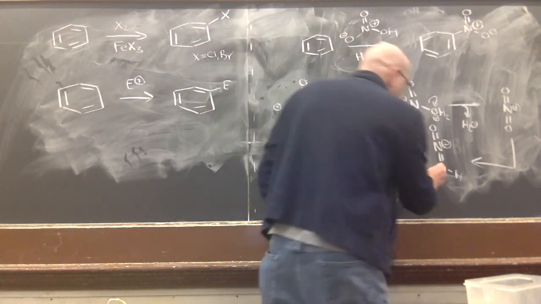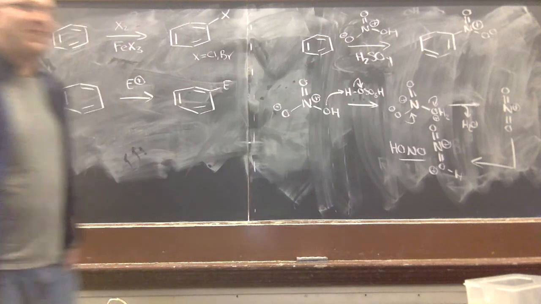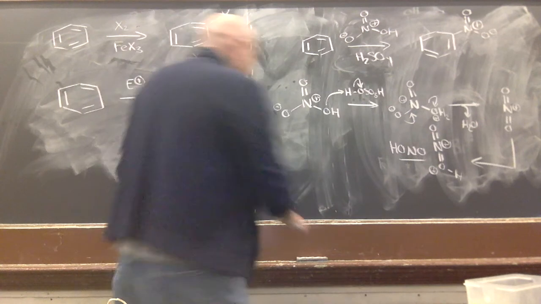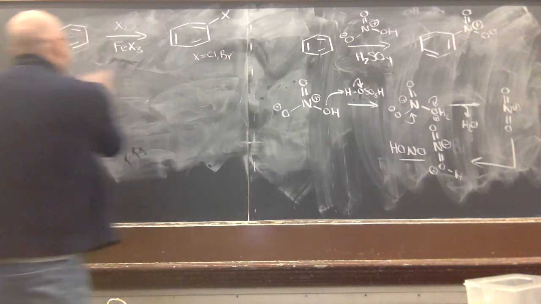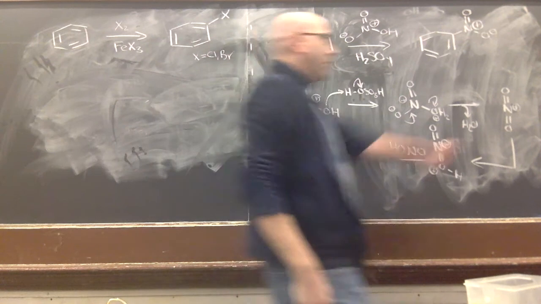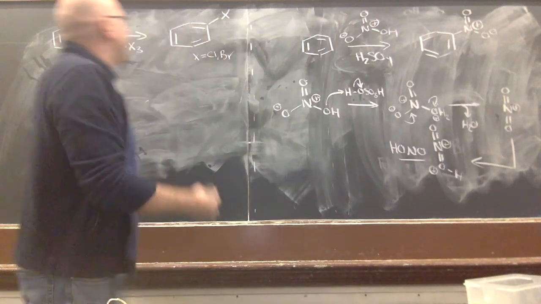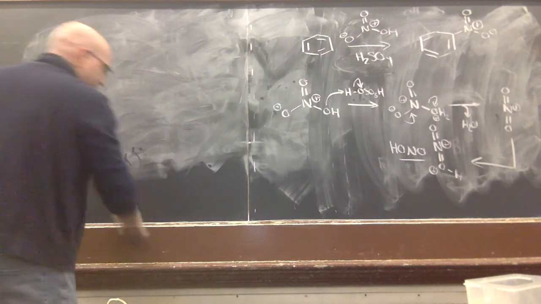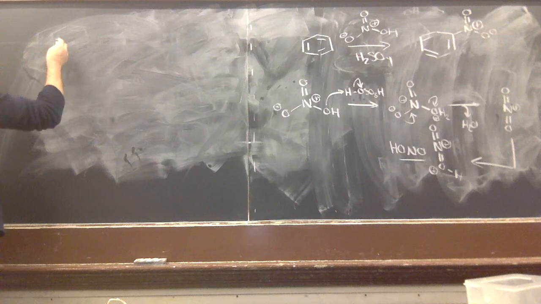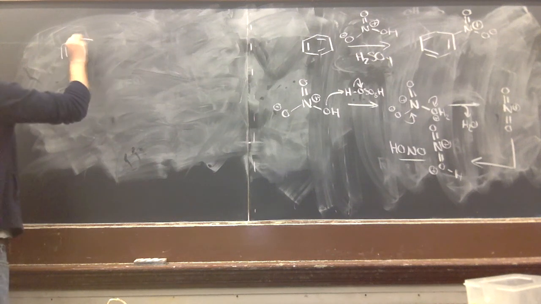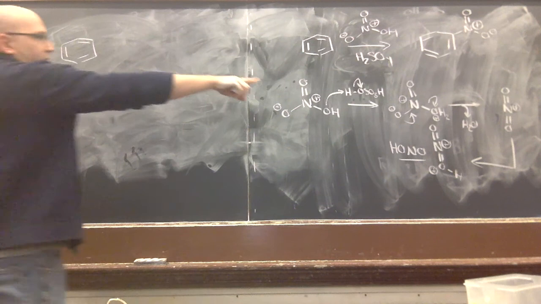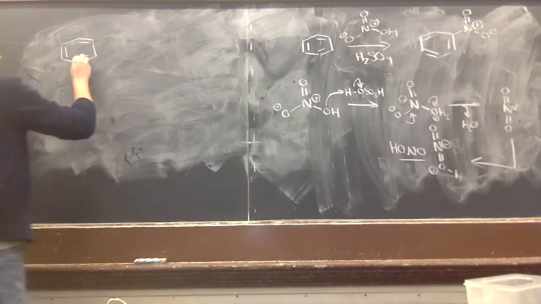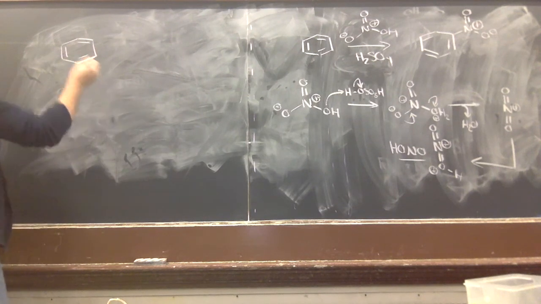I don't like how it looks because you've got two cationic species next to one another, but it does at least illustrate how active this compound is. Ultimately, I often like to just draw it directly from this one, in part because that gets you right to the product. But you can tell in both cases that what you have is an activated species, and regardless of which one it functionalizes with, I'll just choose this one because I think it's not as weird looking, if you will.